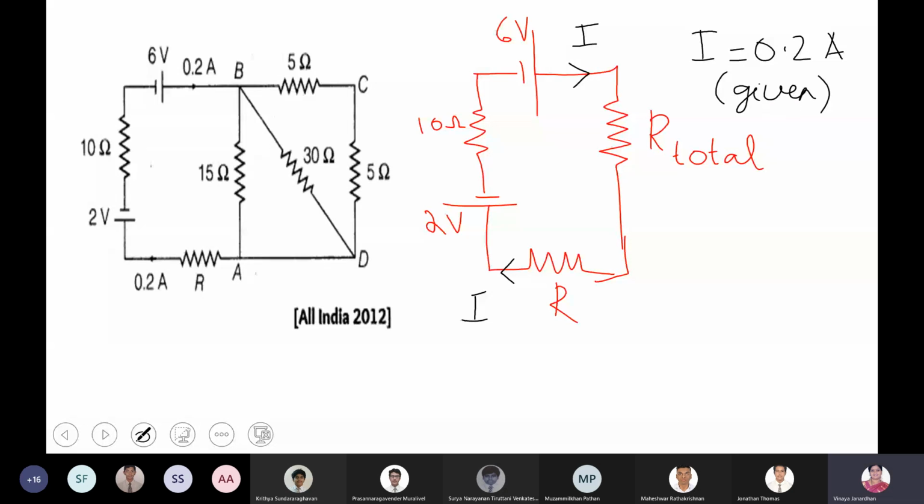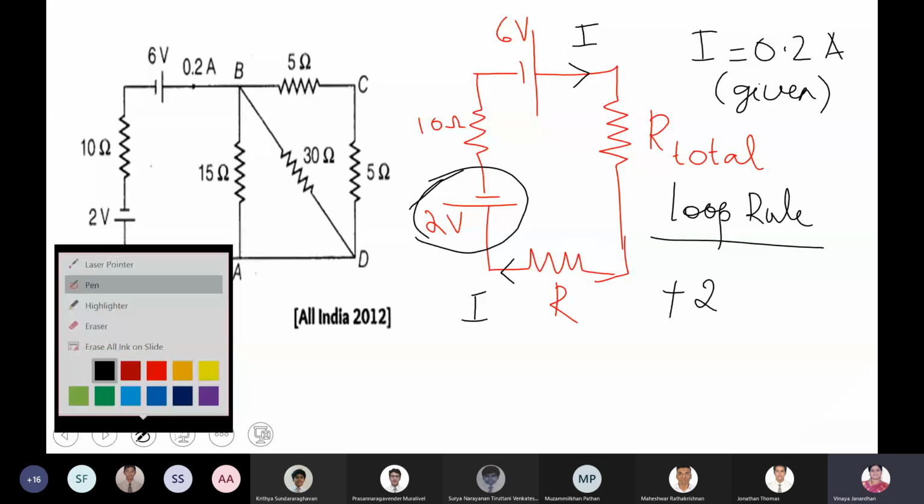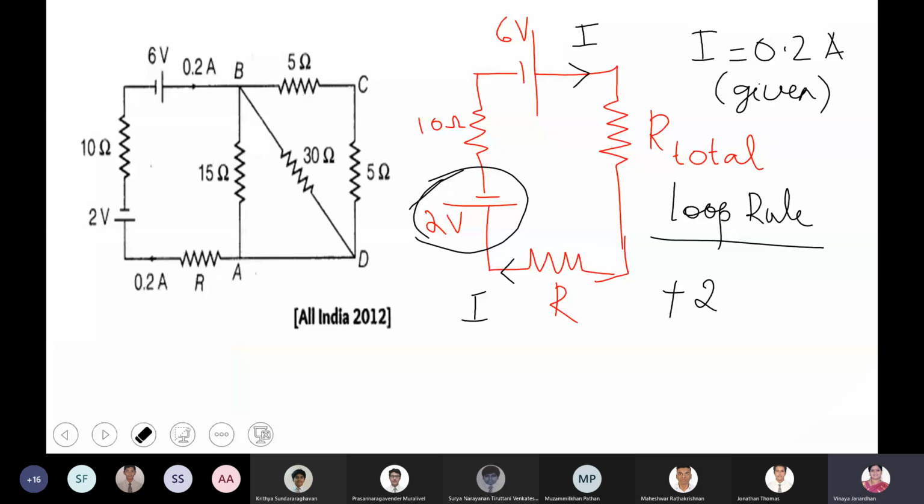Now, can you use your Kirchhoff loop rule? How is the 2 volt battery sending the current? The 2 volt battery is sending the current in the anti-clockwise direction, so 2 is positive. How is the 6 volt sending the current in the circuit?